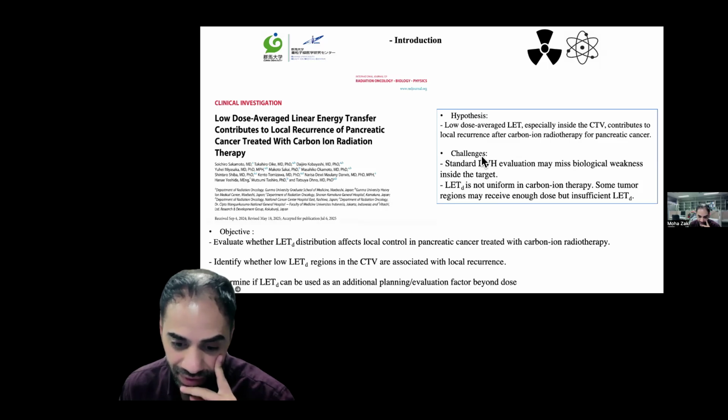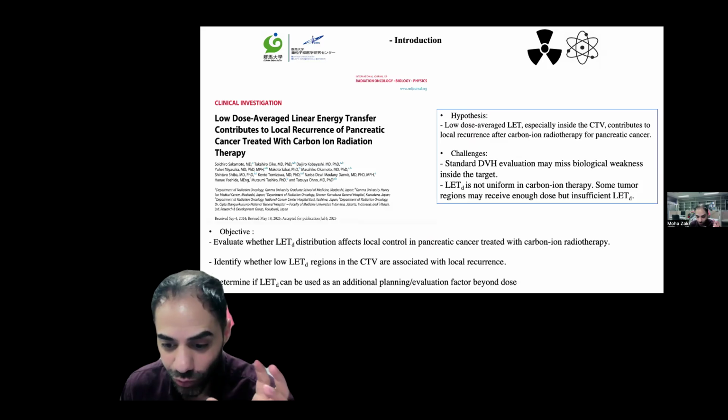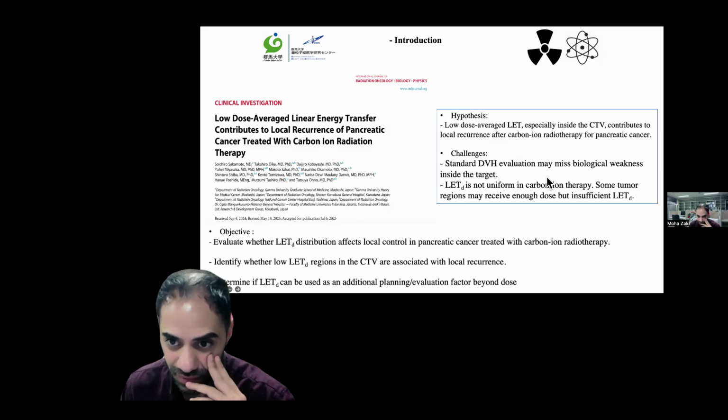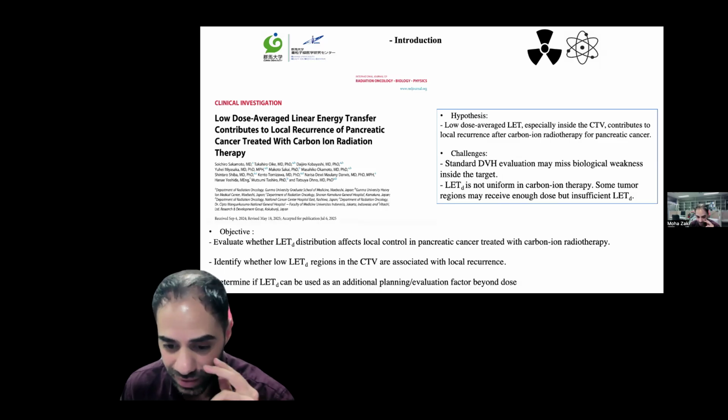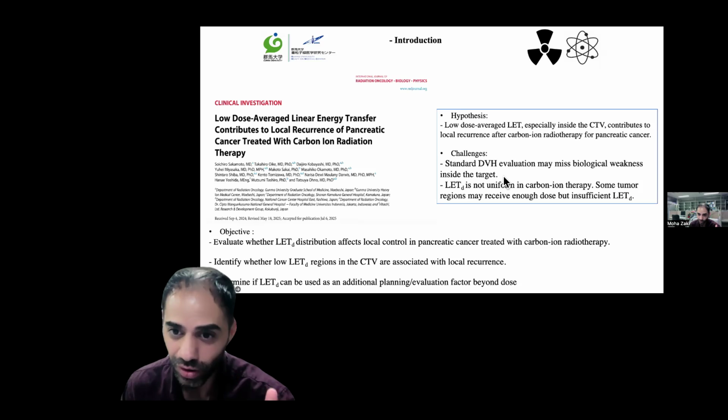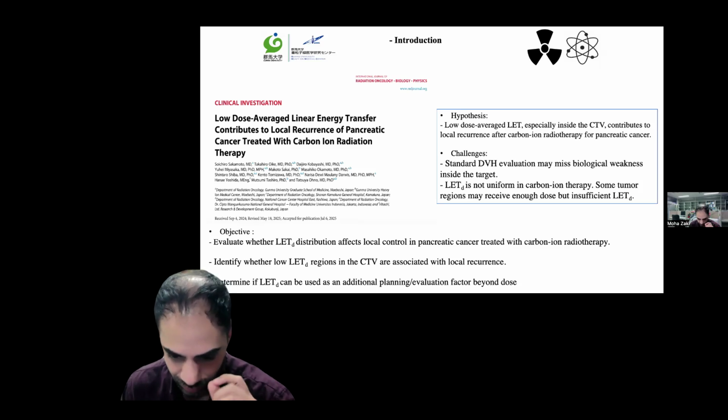First, the standard dose volume histogram evaluation may miss biological weakness inside the target. Dose volume histogram cannot show the biological weakness area inside the target volume, to be more precise.